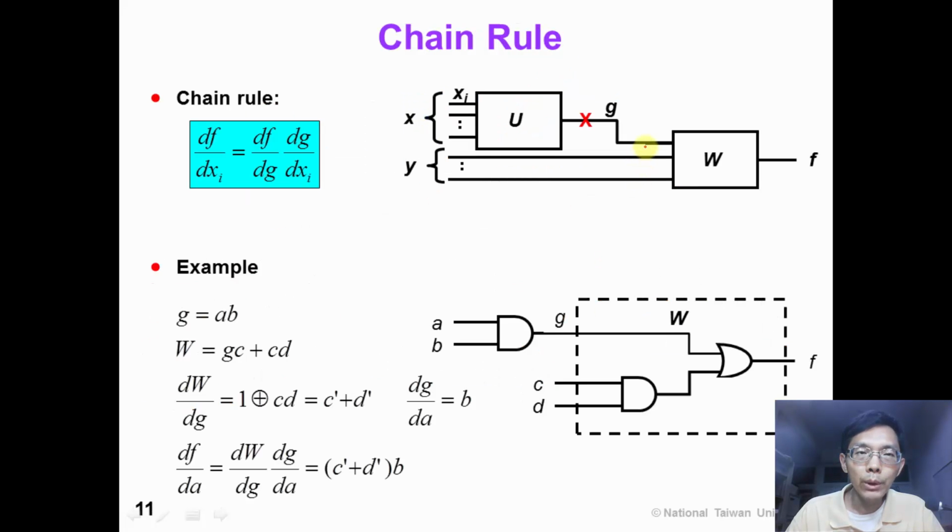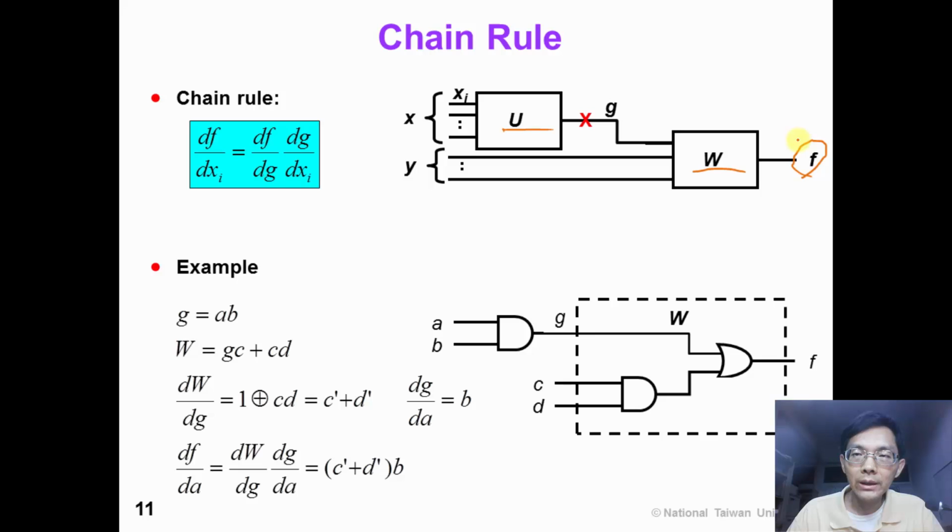If we can decompose a function into two, then we can use the chain rule to find the Boolean difference. Suppose that we can decompose the output f into two functions w and u.